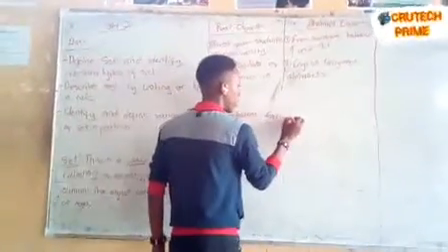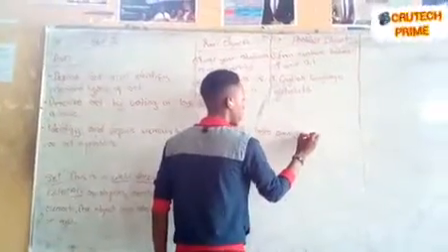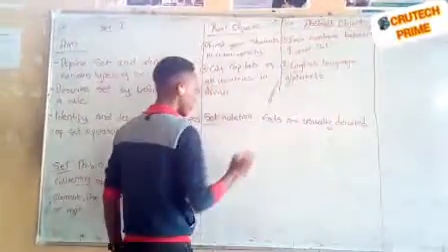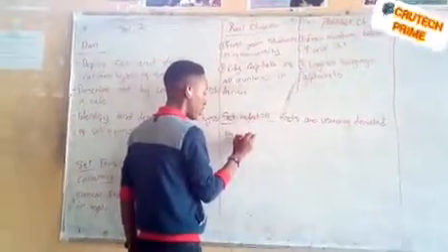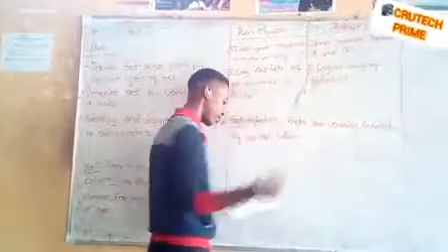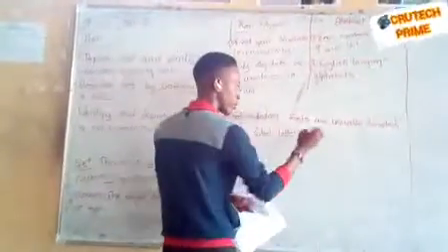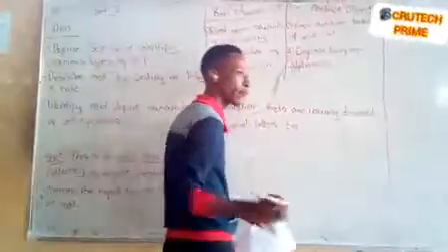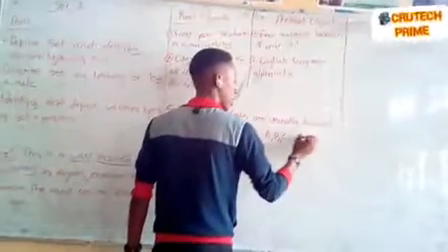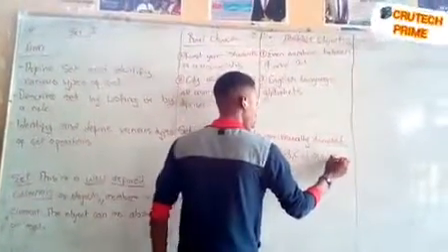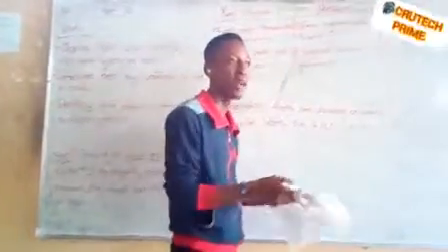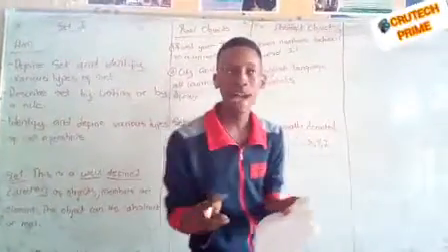So sets are usually denoted by capital letters. Example, we have A, B, C, X, Y, Z. Now, we denote sets by capital letters, and elements of a set are denoted by small letters.